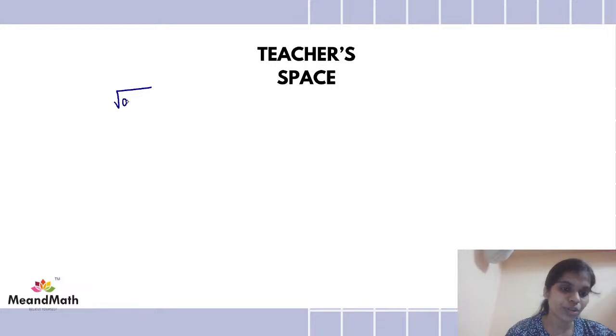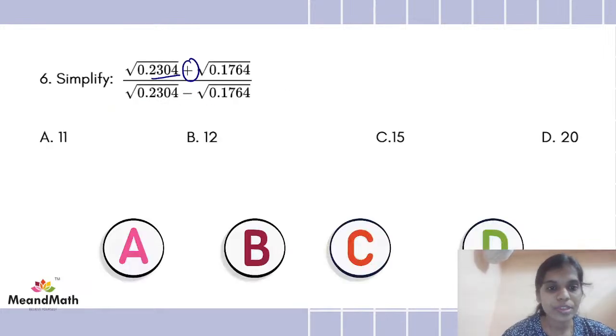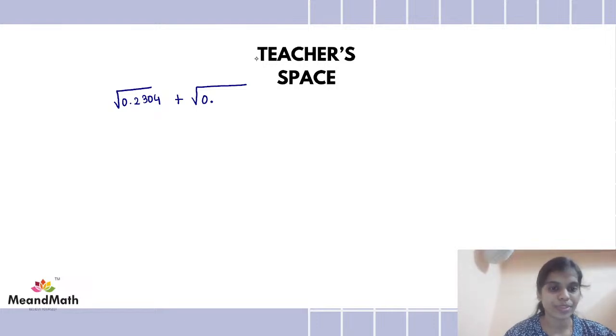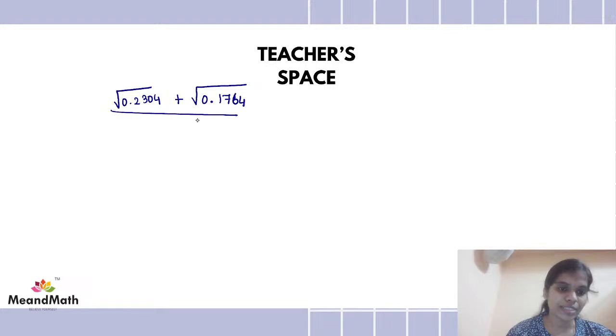Square root of 0.2304 plus square root of 0.1764, divided by square root of 0.2304 minus square root of 0.1764.